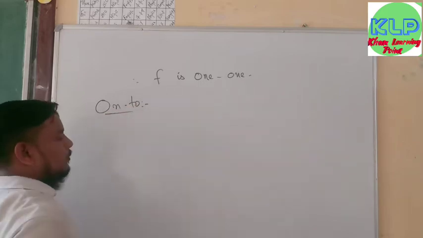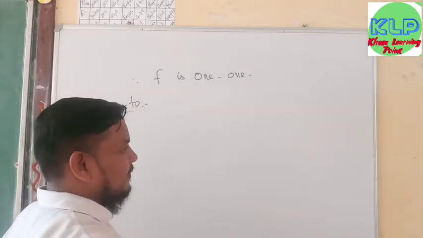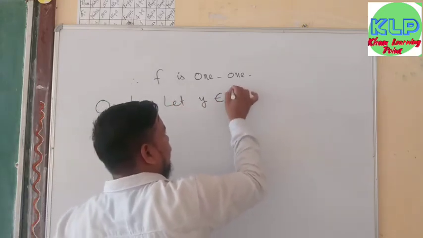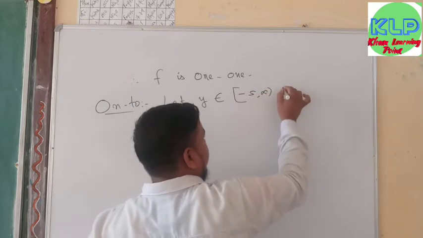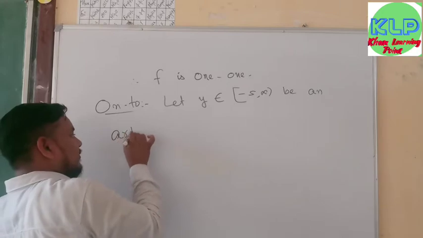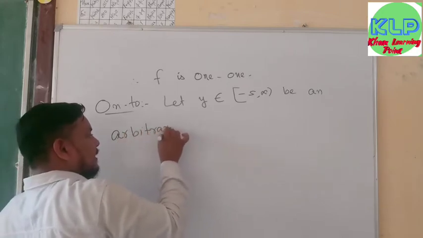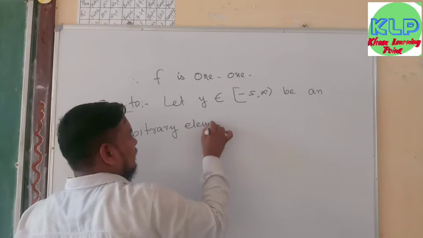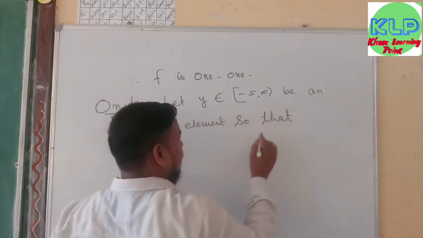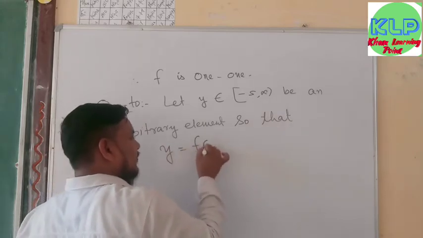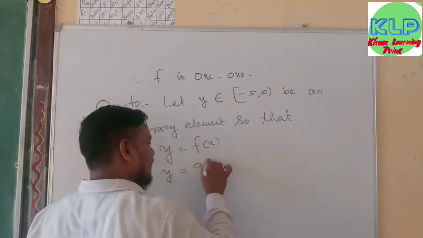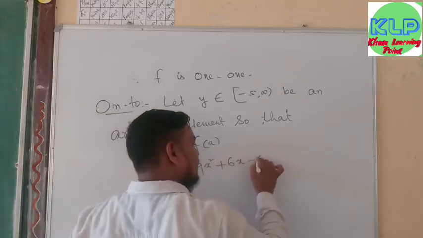Next, for onto, we'll take one arbitrary element of the codomain. So let y belong to your codomain, minus 5 to infinity, be an arbitrary element, so that y is equal to f of x, that is y is equal to 9x square plus 6x minus 5.